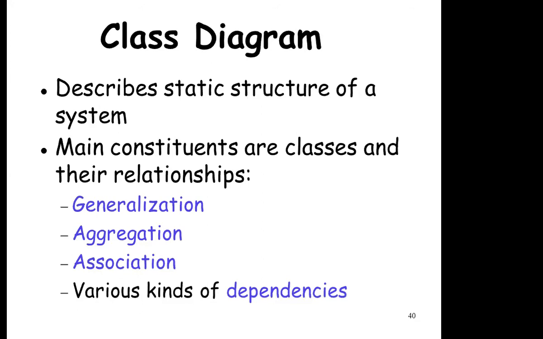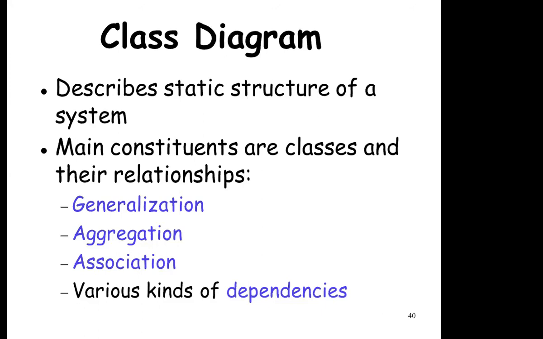Next is the class diagram that I have already done. In the beginning we have done the class diagram. It is a type of diagram where the class name is given, then the data of a class is mentioned in this block, and then the methods of a class.